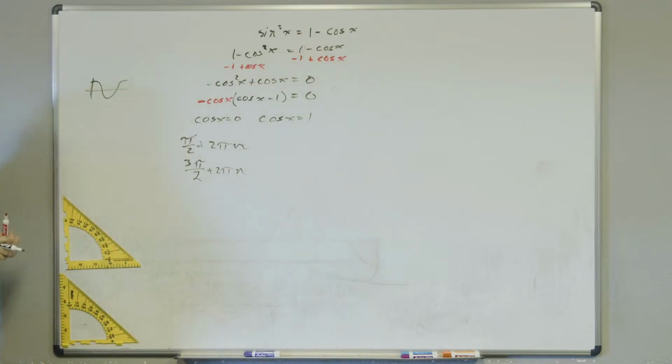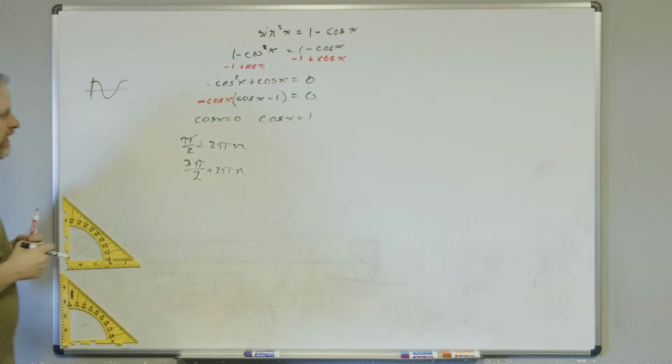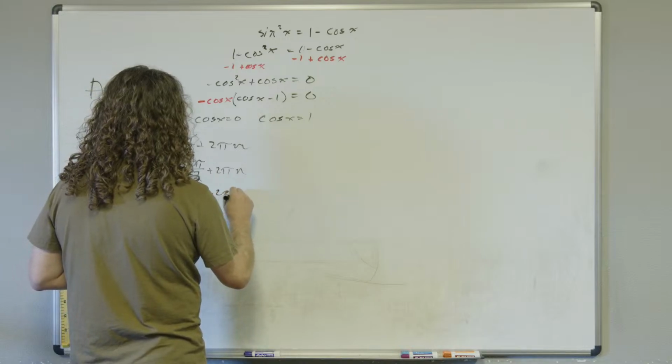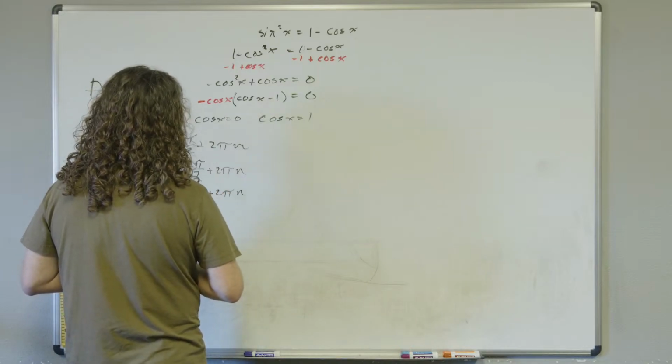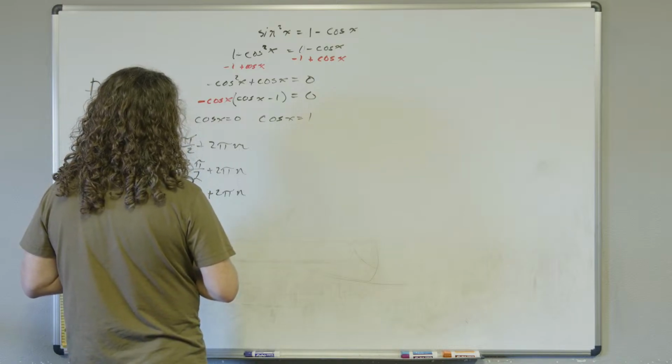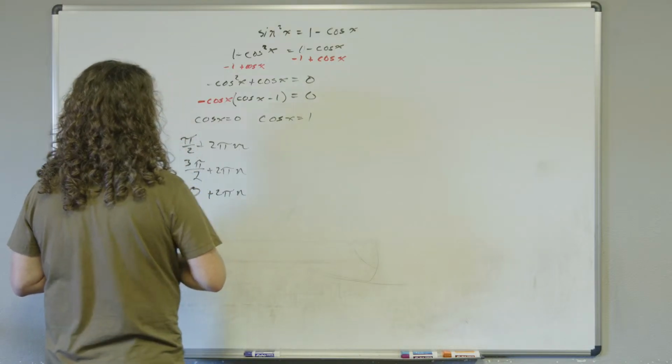Where is cosine x equal to 1? 0 and 2 pi. And actually at 0 and 2 pi, we really don't have to list the 2 pi. We just say 0 plus 2 pi n.